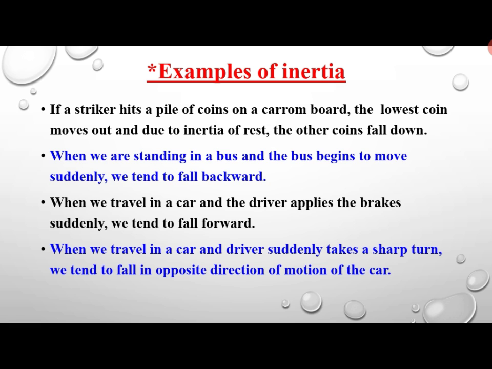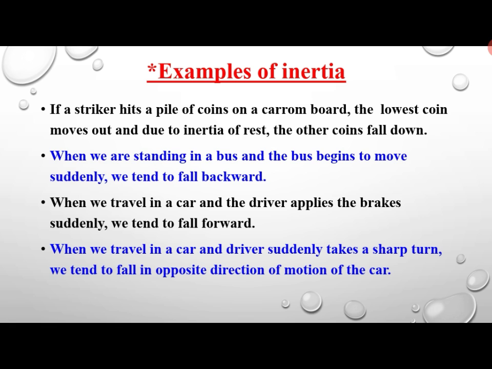Because we are providing motion to that tree, to the stems, but the fruit or flowers are still at rest, and because of inertia of rest they fall down. So there are n number of examples for this inertia of rest, inertia of motion, and inertia of direction.